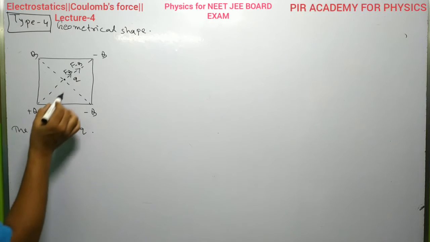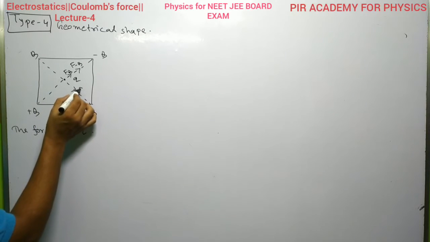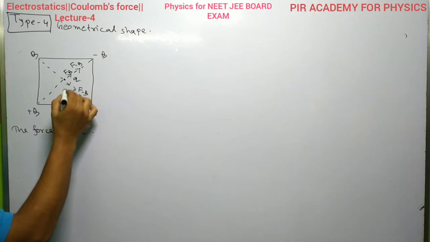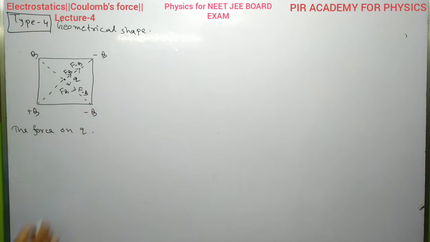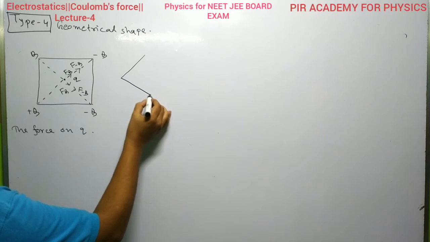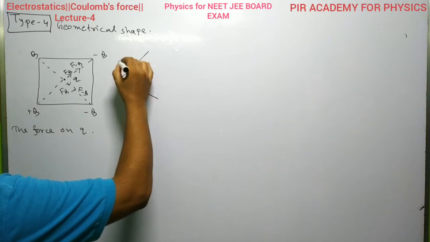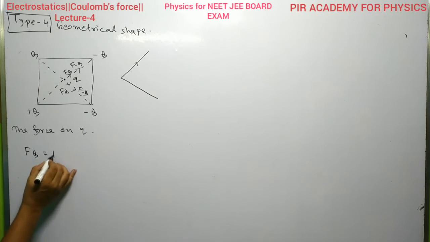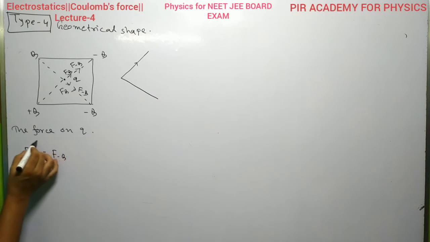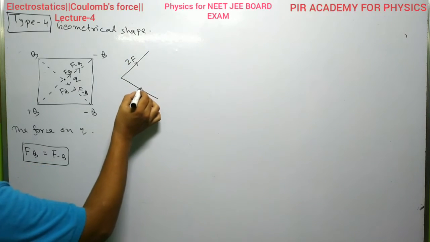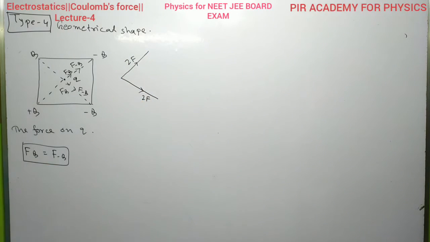Now for this condition it will be f of minus q along this direction, and this charge is plus, so this charge repels along this direction, so it will be f of q. Both are the same, that means f of q equals to f of minus q, so both forces are the same. So along this direction is 2f, along this direction is 2f.